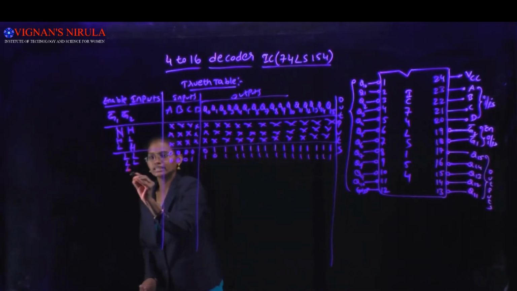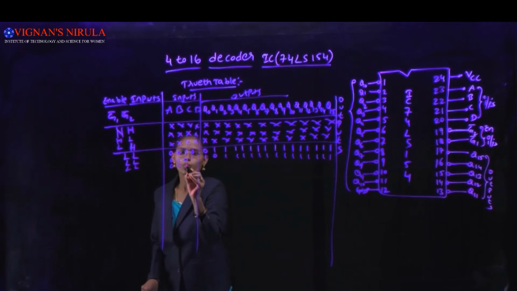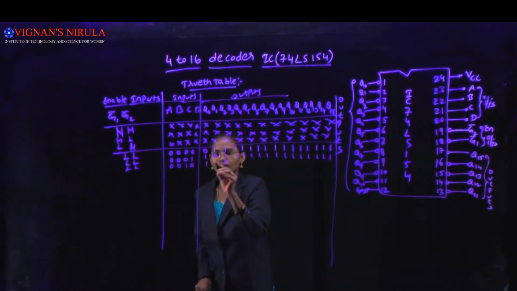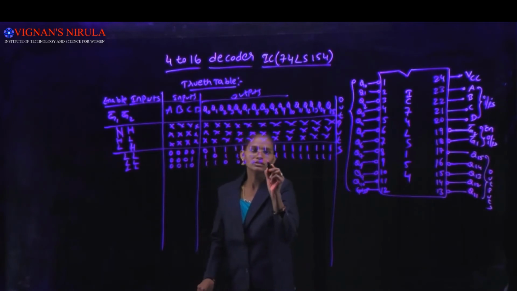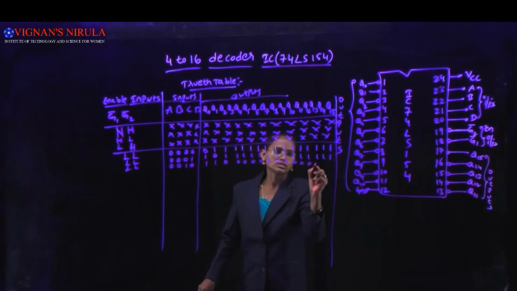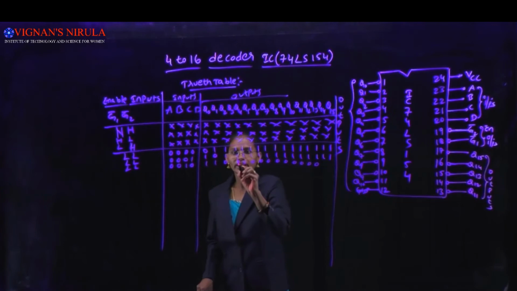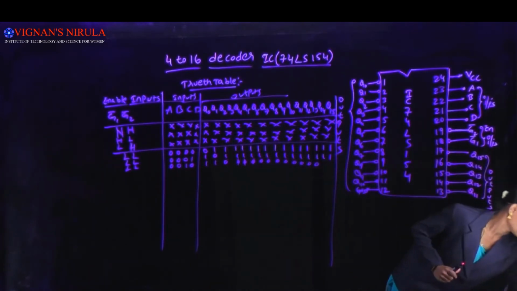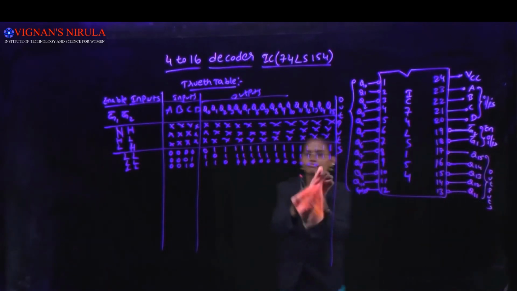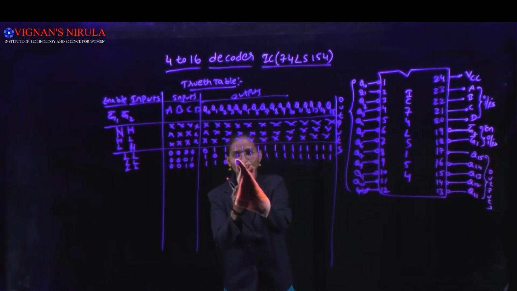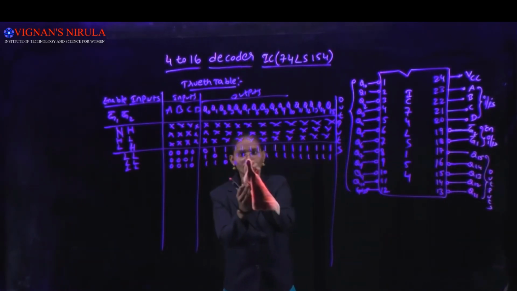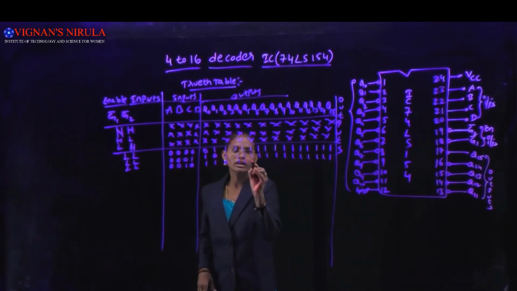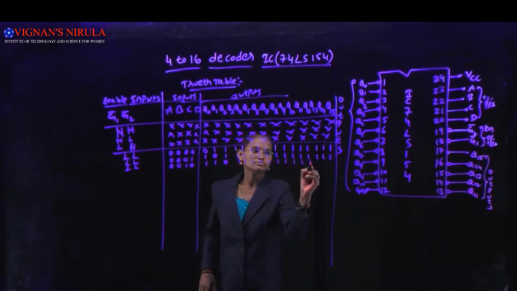And next 0010. 2 is the Q2 output. This output is 0 and remaining all are 1s.